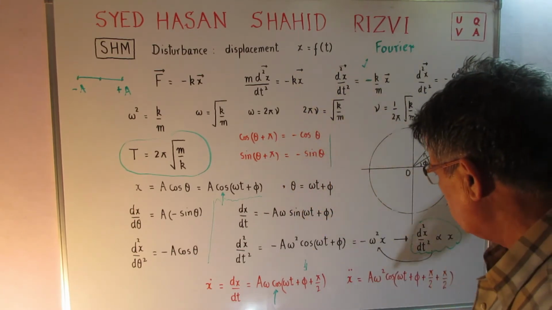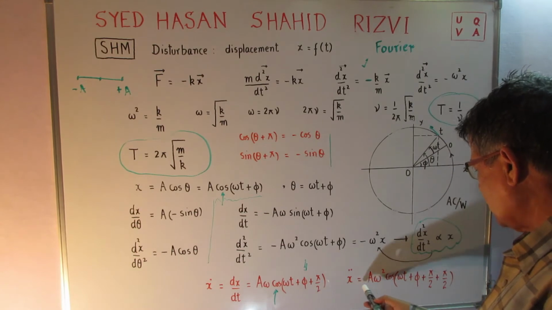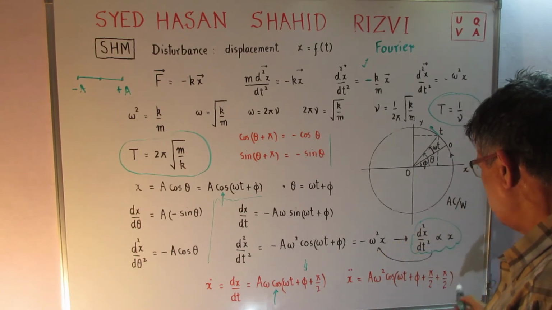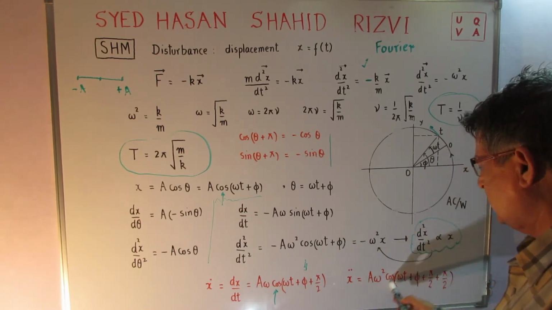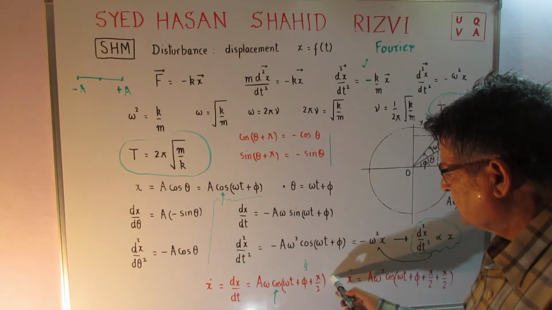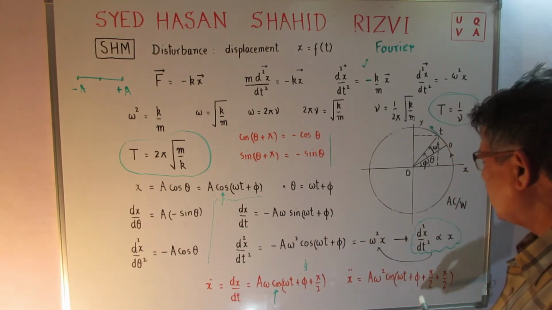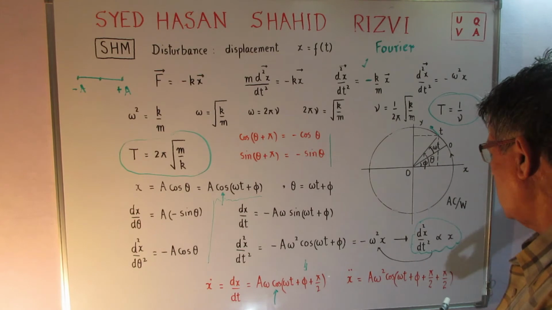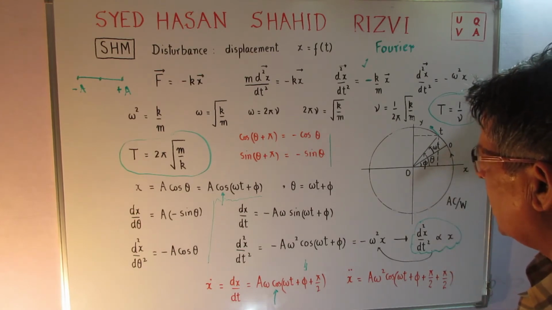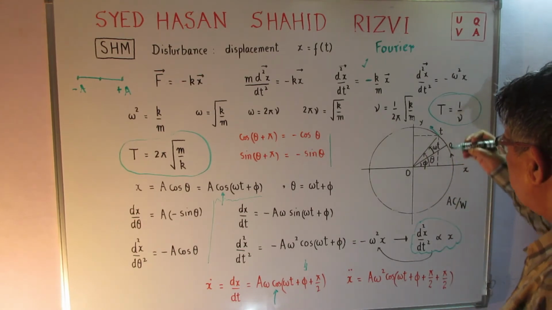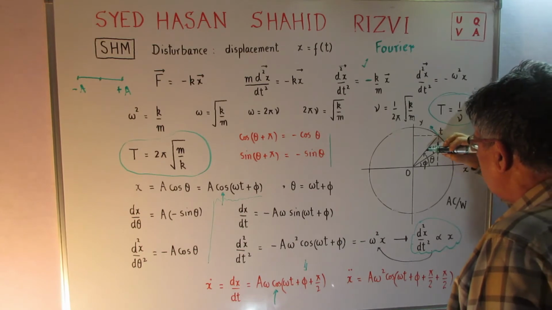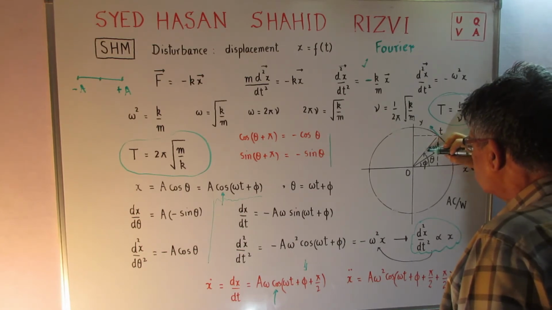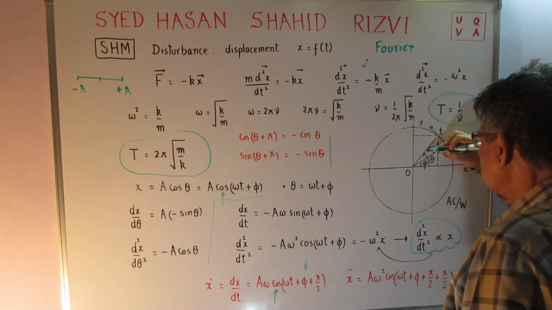So here I am not writing that negative sign, but my phase will tell us that it will be pi radians ahead of it, and therefore we say that the acceleration is leading.